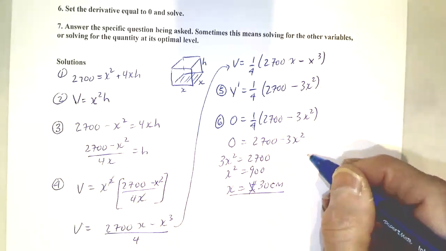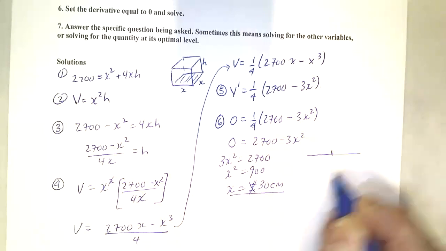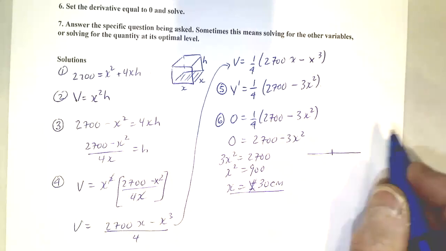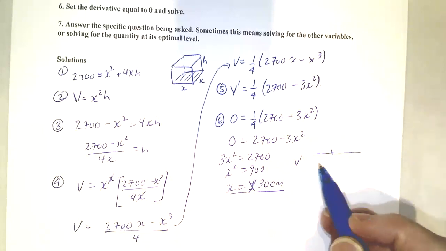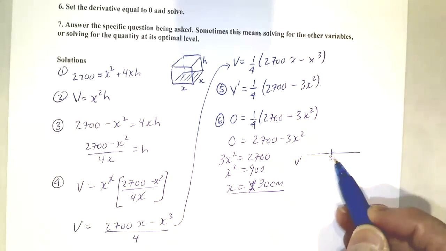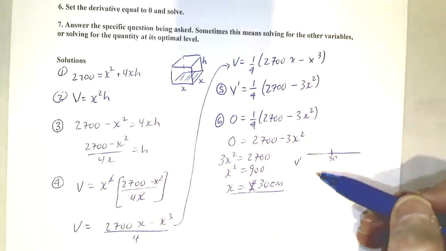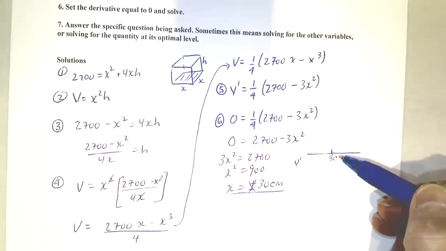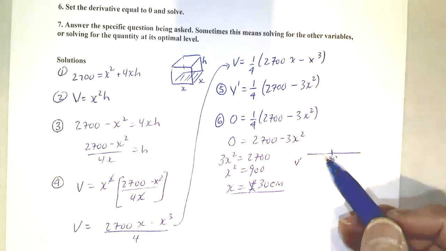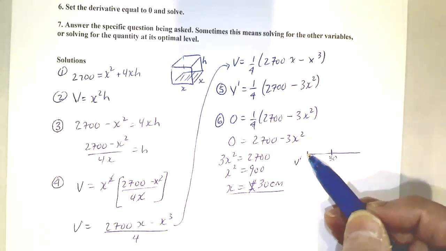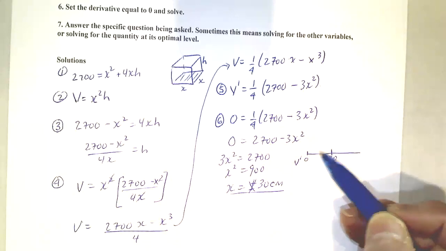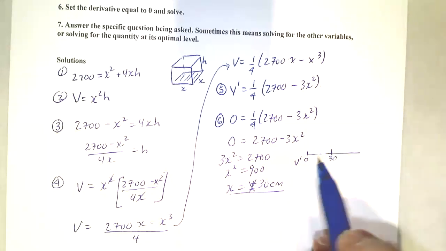Now you can verify for yourself that that would correspond to a maximum value, because you can check the signs of the derivative on each side of 30 to see if it's positive or negative. Remember, to be a maximum, we need increasing to change to decreasing. So if you substitute a number, and remember x never goes less than 0 because it's a dimension in here, like 10.